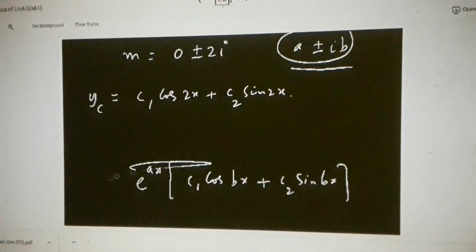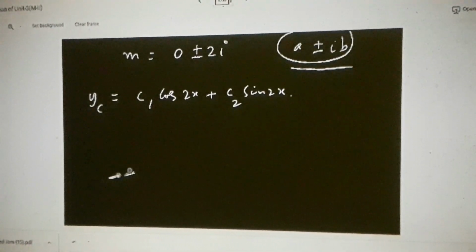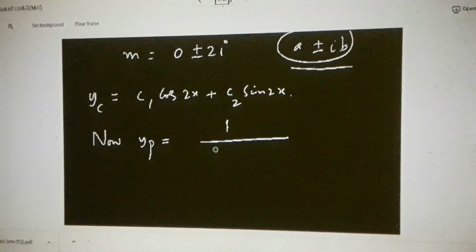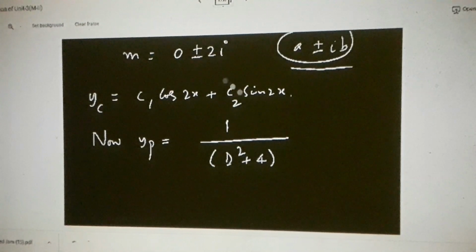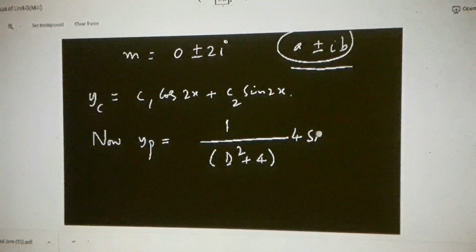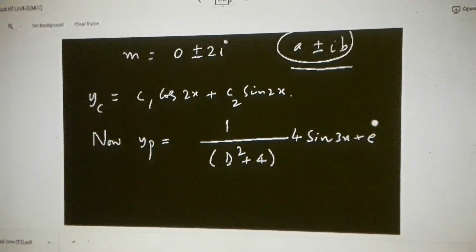I am rushing through this because you understood it and it will be there in your notes; I am just touching the important concepts right now. And now yp will be equal to 1 by whatever function of D is on the left hand side, that will appear as the denominator, that is D squared plus 4, and the function on the right hand side is 4 sin 3x plus e to the power of 2x.